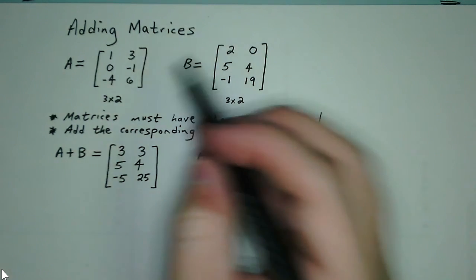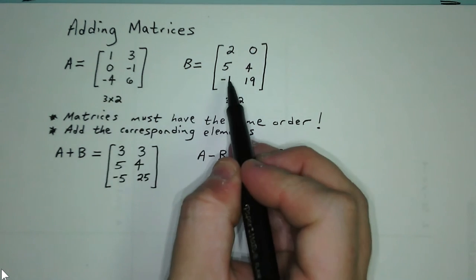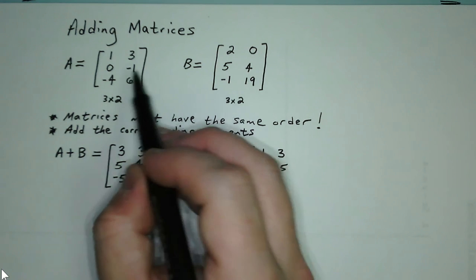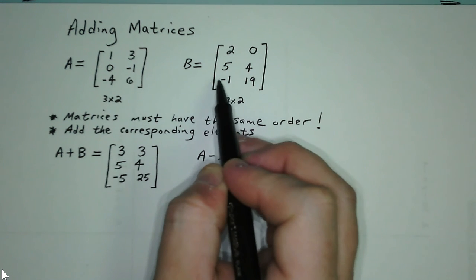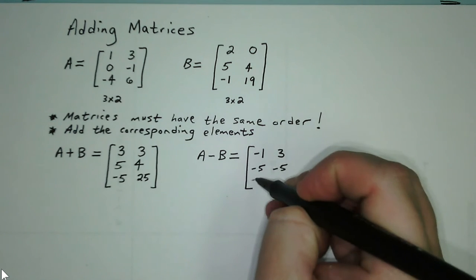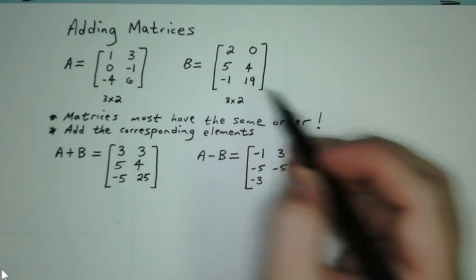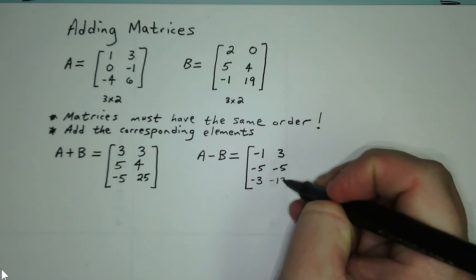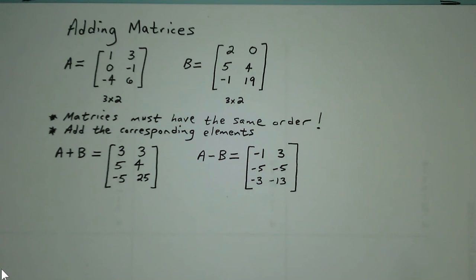And then we have -4 minus a -1. That's like adding 1 to -4. So that should be a -3, correct me if I'm wrong. And then 6 minus 19, I do believe, should be -13.